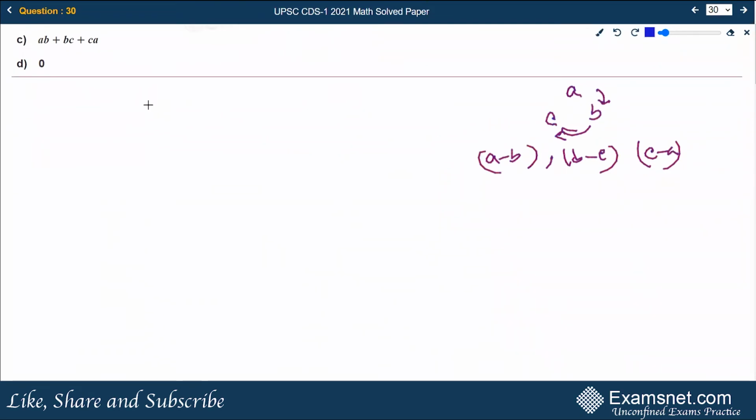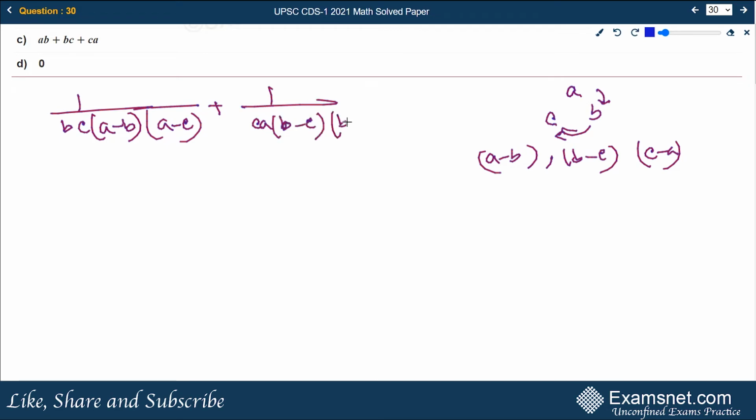Now first let me write it down: 1 by bc, a minus b, a minus c. Next 1 by ca, b minus c, b minus a, plus 1 by ab, c minus a, c minus b. Okay, these are given.